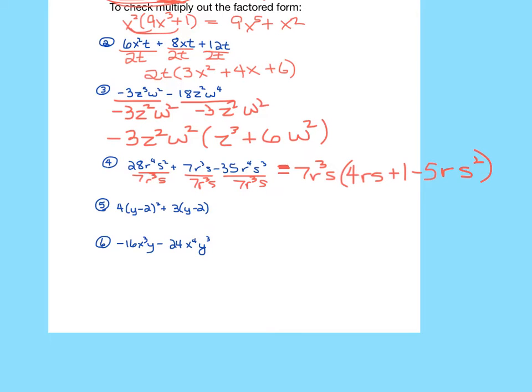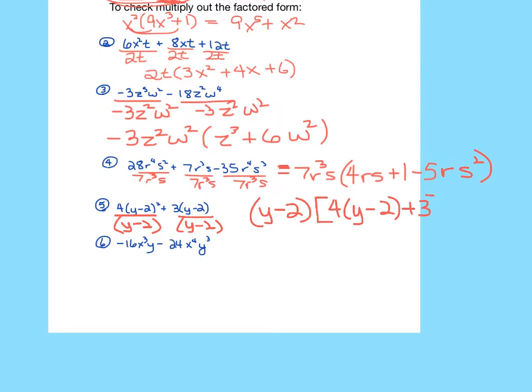So my greatest common factor here is y minus 2, because they both have a y minus 2. So I'm going to show the greatest common factor out here. And now I have to divide each of the terms. I still have the 4 there. Remains as a y minus 2. And then here is just plus 3.